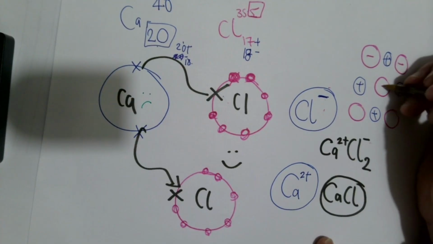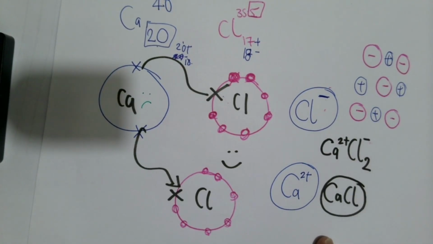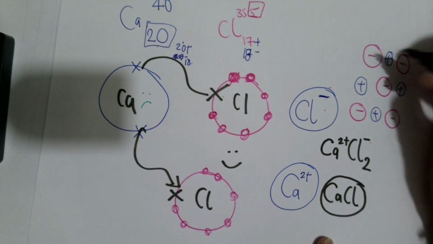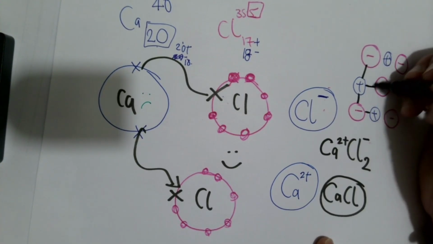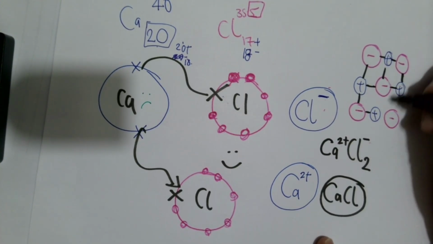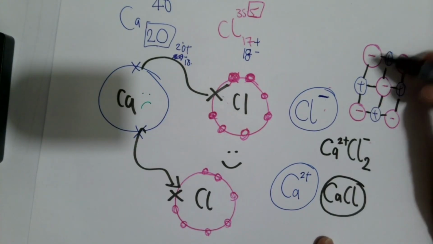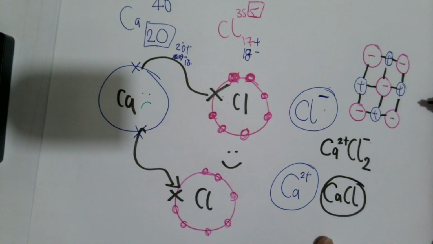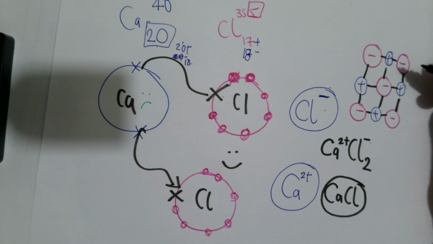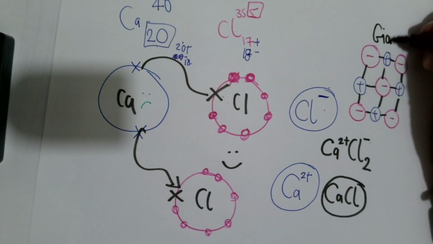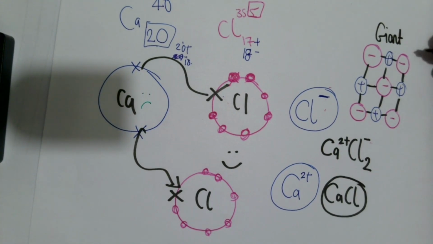So these are your calcium and your chlorine ions. And what happens is there's a force between them. This is called an electrostatic force because it's the opposing charges that attract one another. These are giant compounds, in Spanish gigante, so we're talking billions of them.